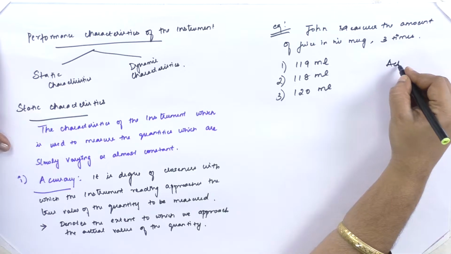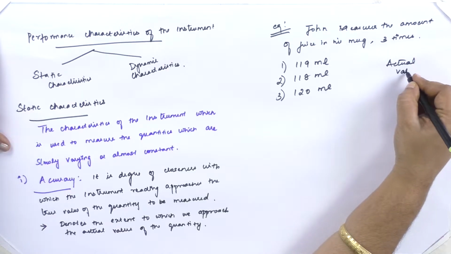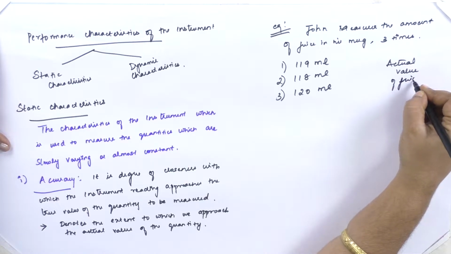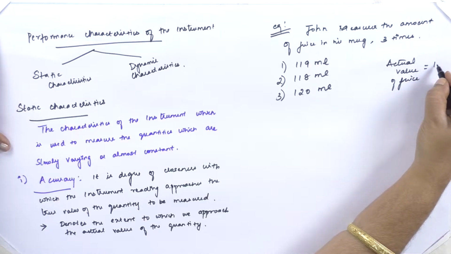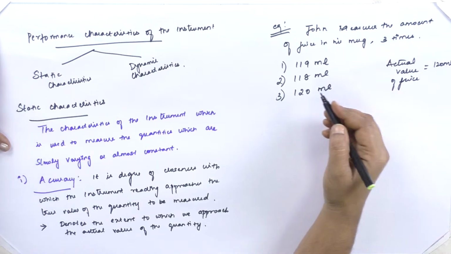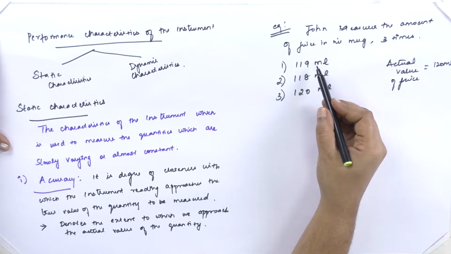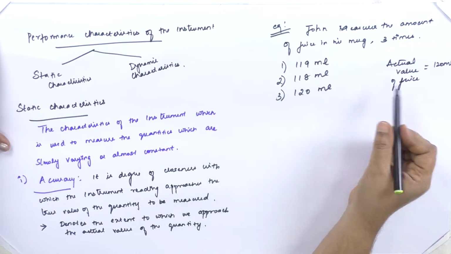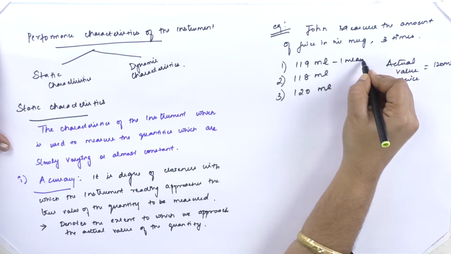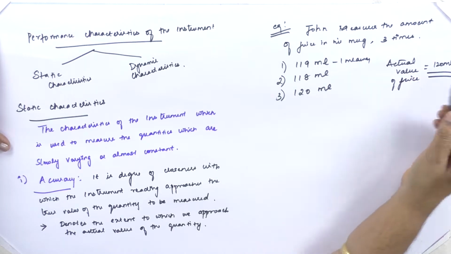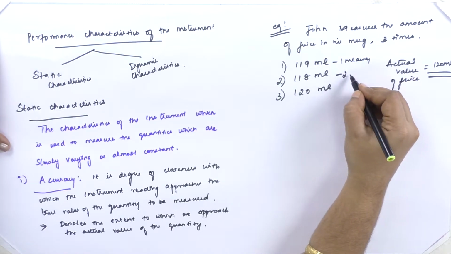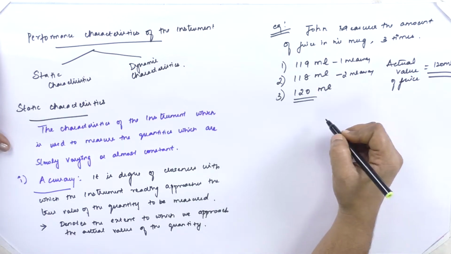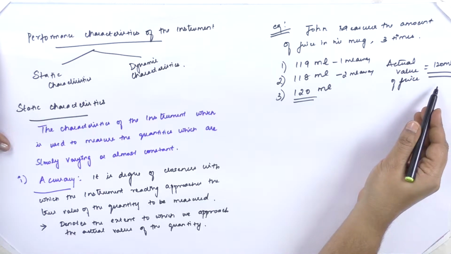But the actual value of liquid or juice in the mug is 120 ml. But while measuring, he measures 119 ml, 118 ml, 120 ml. 119 ml is 1 ml away from this actual value, and 118 ml is 2 ml away from this actual value, and 120 ml is equal to the actual value.